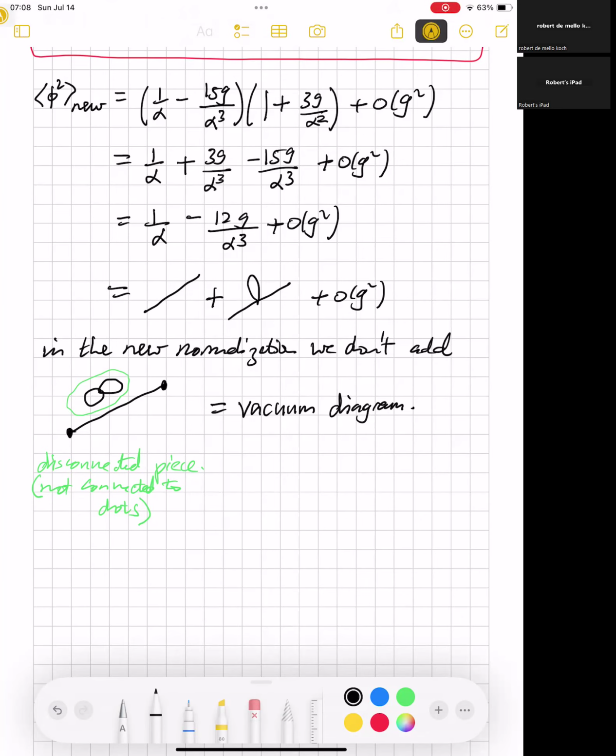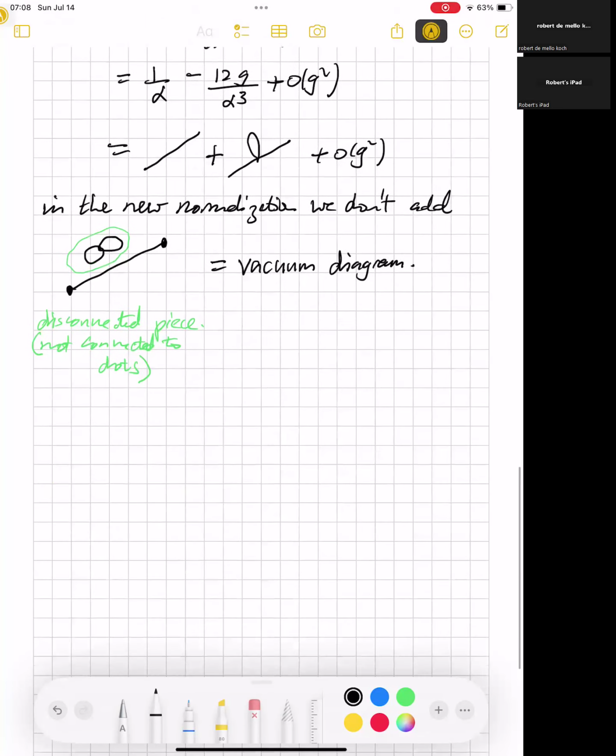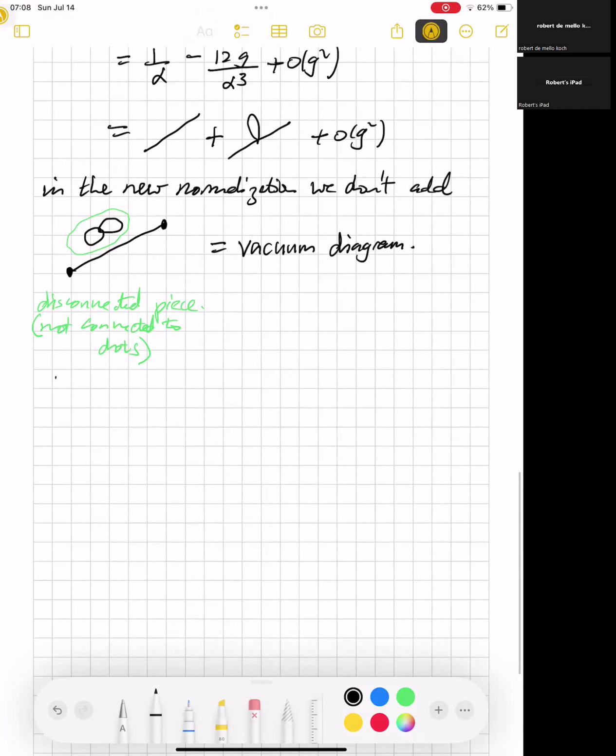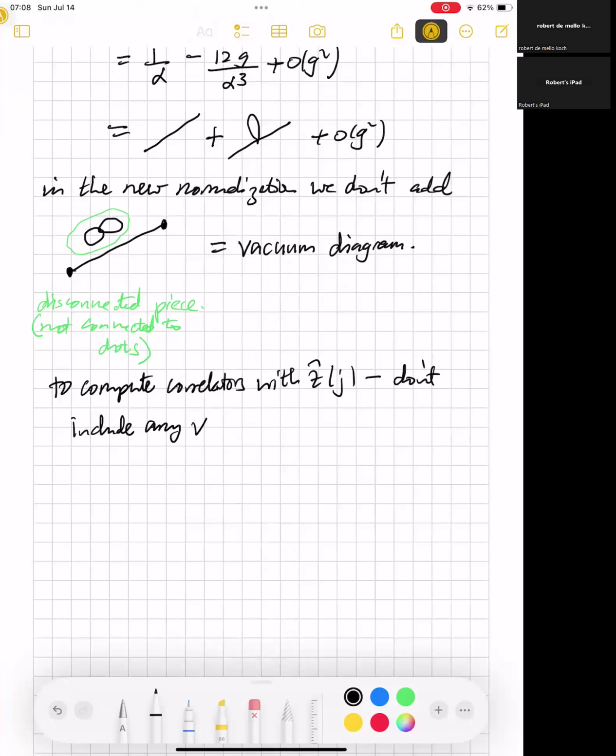And to compute correlators with z hat of j, the only thing you need to change is you don't include any vacuum diagrams. Okay, so I've illustrated this rule to you. We're going to discuss it in a bit more detail, make sure it's all clear.